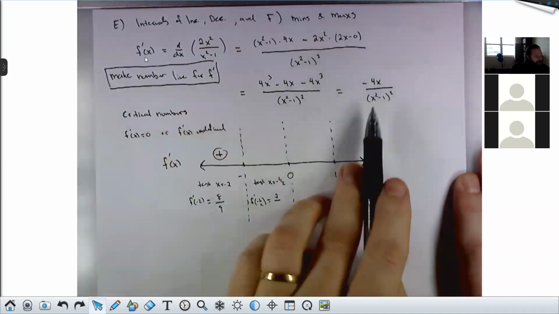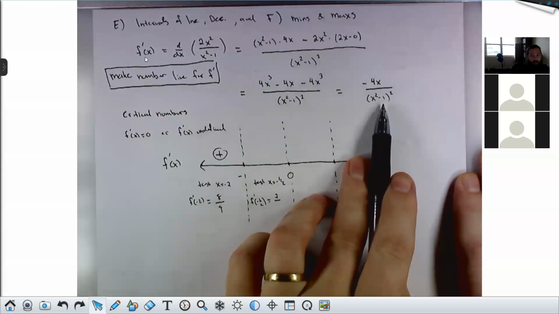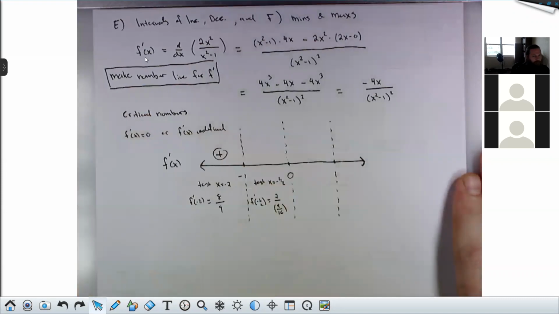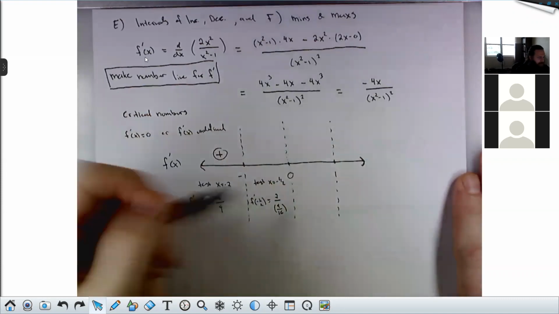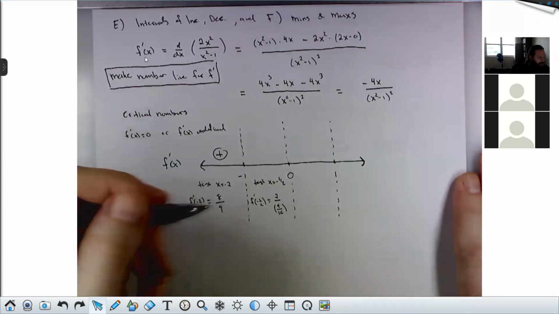And downstairs I would have -1/2 squared, that's +1/4. +1/4 minus 1 is -3/4. -3/4 squared is 9/16. And again, I don't care about simplifying this. I just want to know, is it positive or is it negative? This is positive.